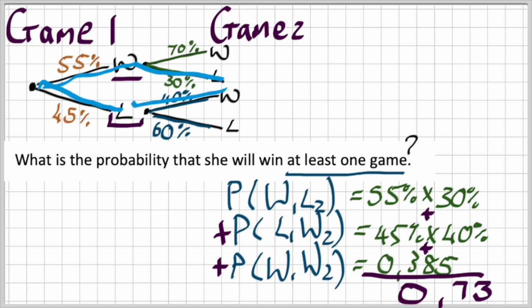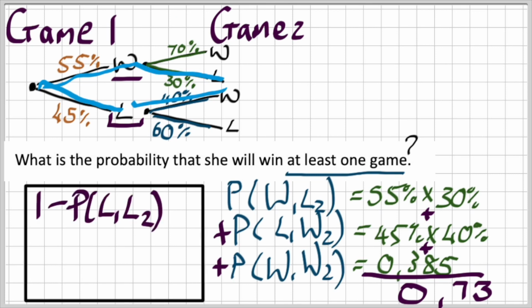But the beautiful thing is, ladies and gentlemen, there's always a second option in maths. I love it. If you see it, it's super simple. I could just as well say that the probability that she wins at least one game is 1 minus the probability of losing both of her matches. Because she's either going to lose both or she's going to win at least one. Okay? There's only those two.